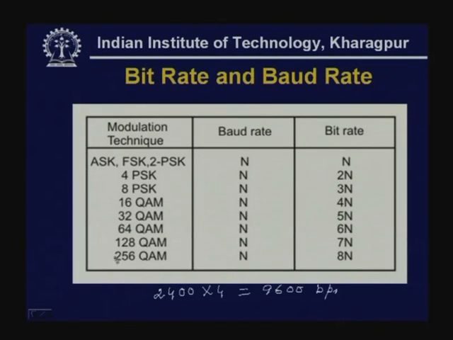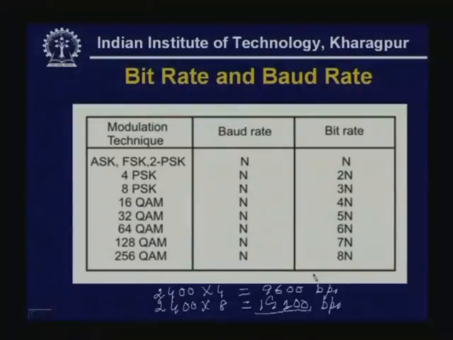On the other hand, if you go for 256 QAM, the data rate possible is 2400 into 8, that means 19,200 bits per second.